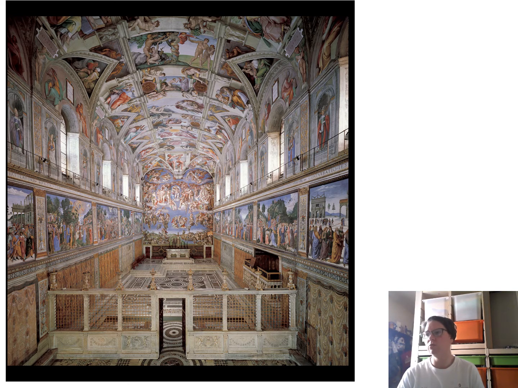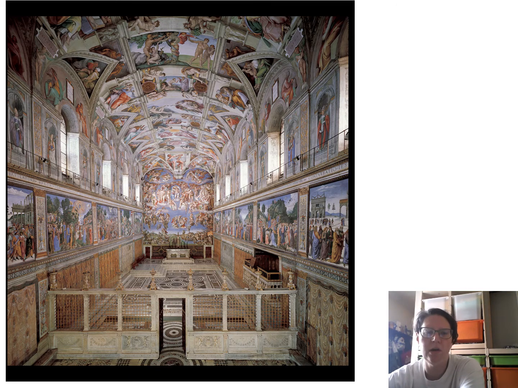Creation, fall, redemption narratives, the Ignudi, ancestors, prophets, sibyls, and the architectural framework are all done on the walls. You can see some of the architectural framework that rises up to the ceiling, but for the most part, the only thing on the ceiling are the Old Testament stories.